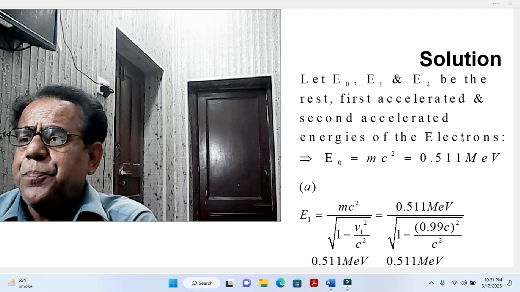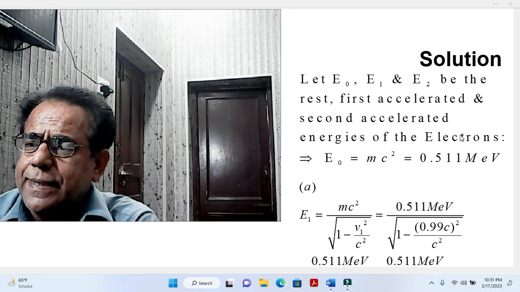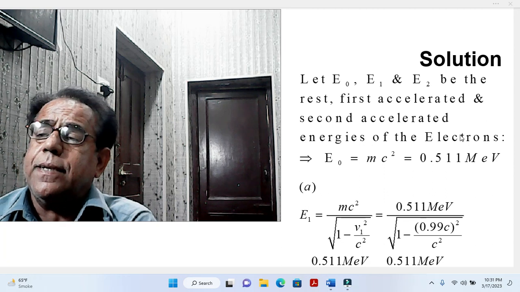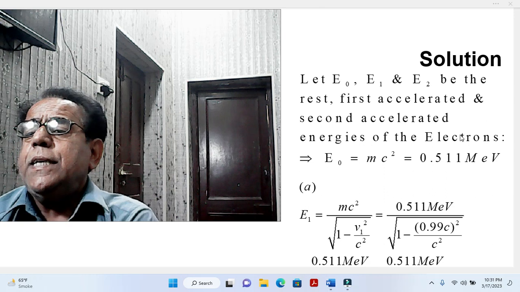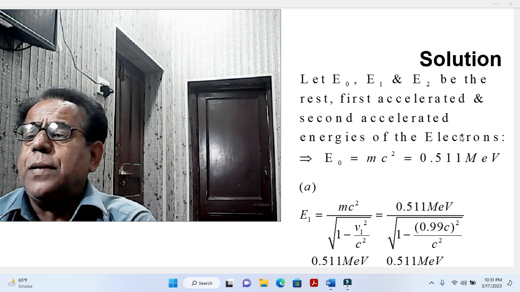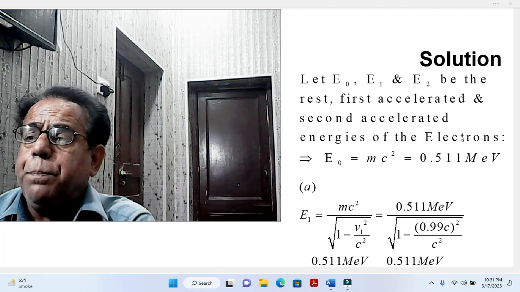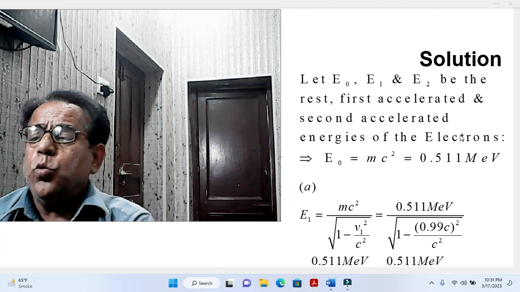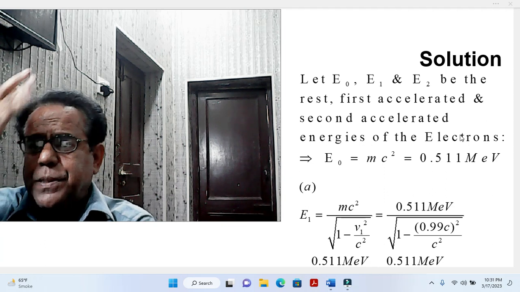That is, E0 is rest energy, E1 first accelerated energy and E2 second accelerated energy. This implies that E0 equals mc square equals 0.511 million electron volt. This value has been taken from tool number 2. Tool number 2 has been used in several problems in our previous videos.